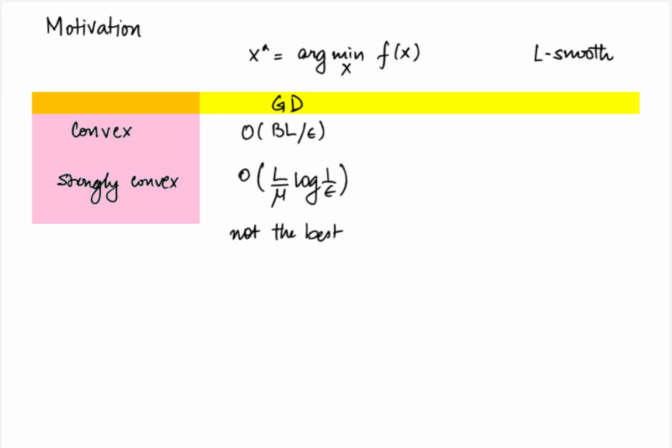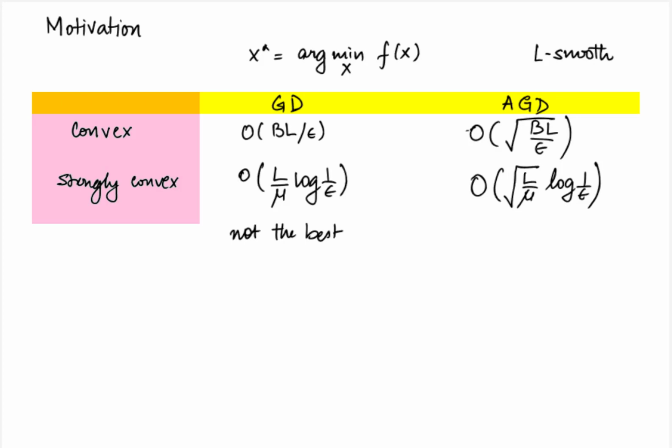The accelerated gradient descent proposed by Nesterov in 1983 was shown to improve these oracle complexity bounds and in fact achieved the following rates. For the convex case, it achieved order square root of BL by epsilon, and for the strongly convex case, it achieved order square root of L over mu log 1 over epsilon.